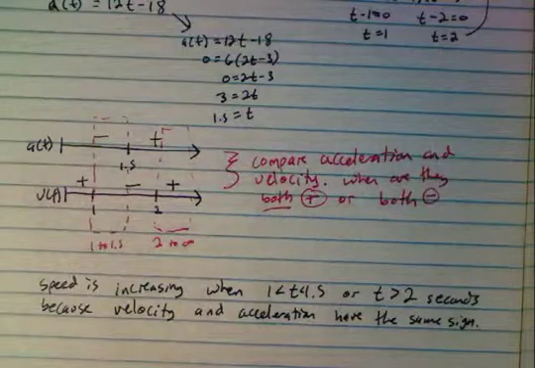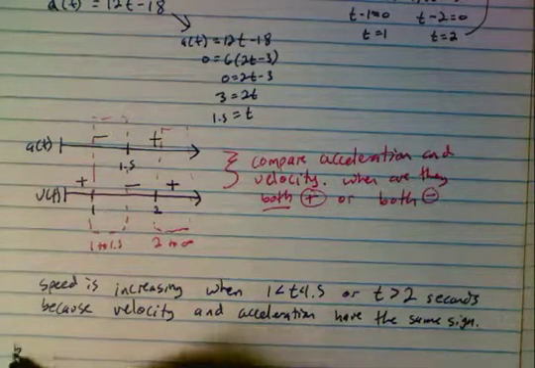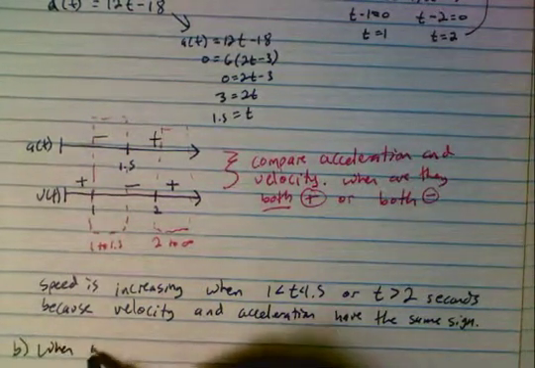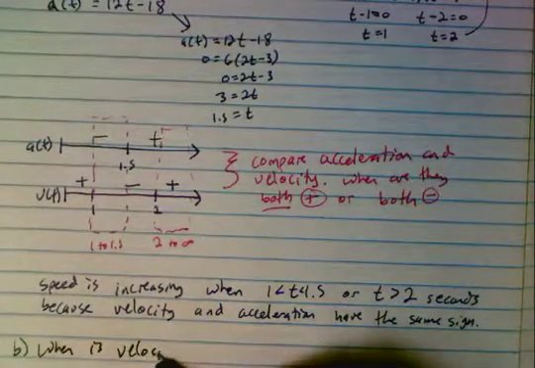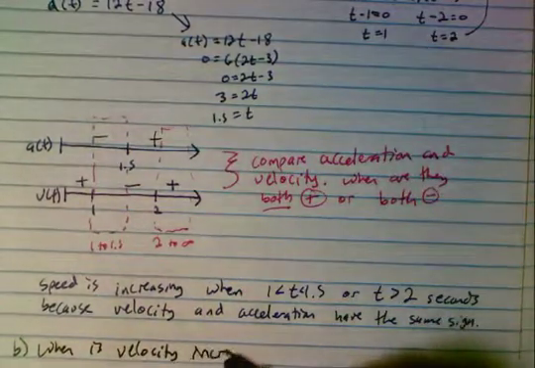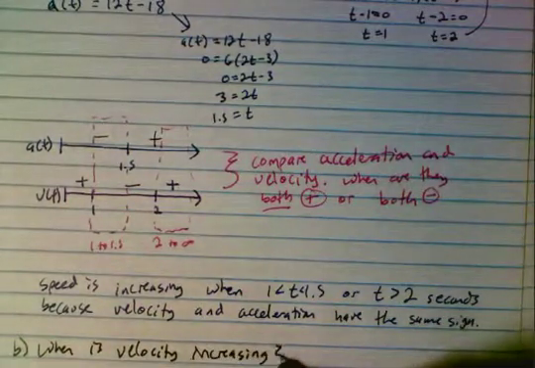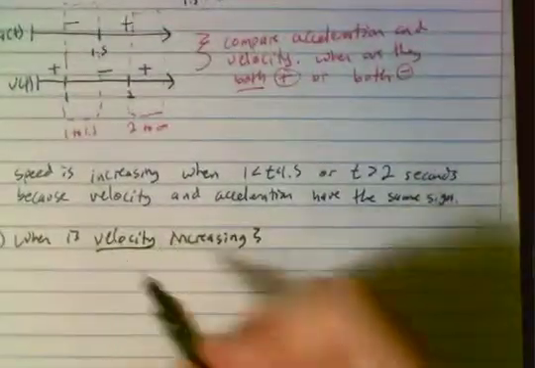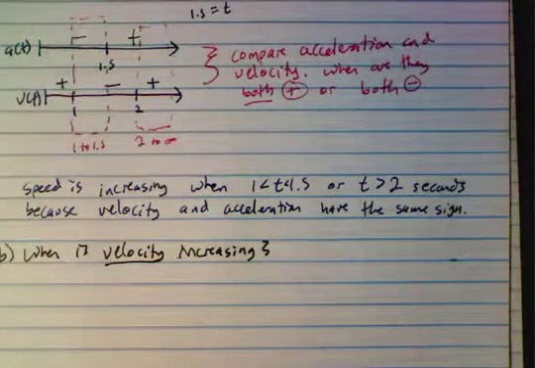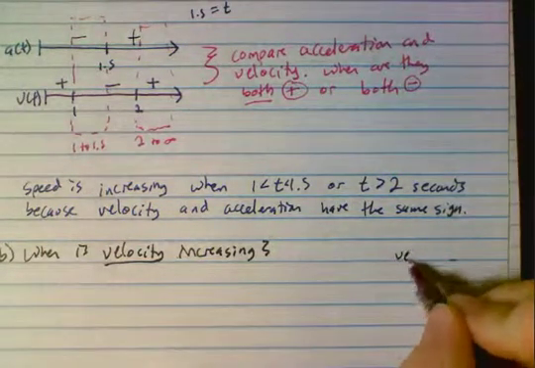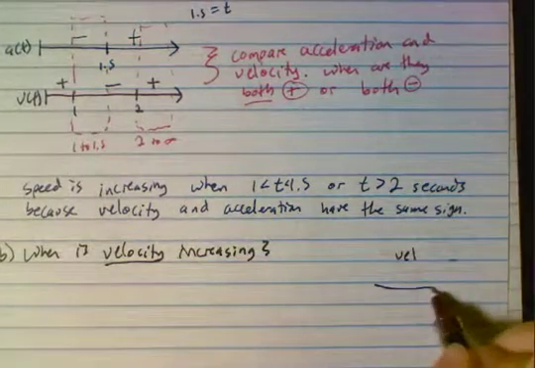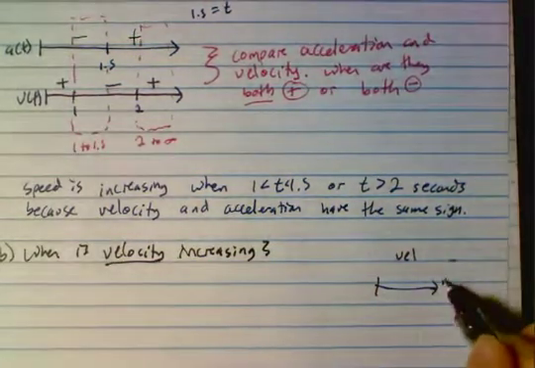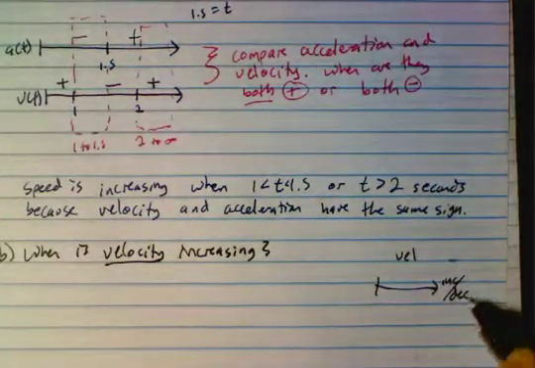Notice this is an entirely separate question from if we were asked when is velocity increasing. This is just read off the table. So in this particular case, we've got velocity. We're looking for the increasing, decreasing line.